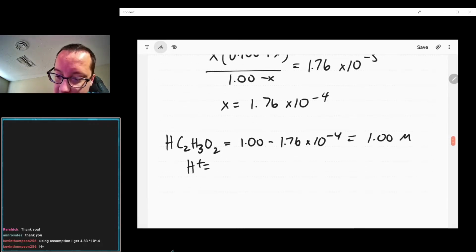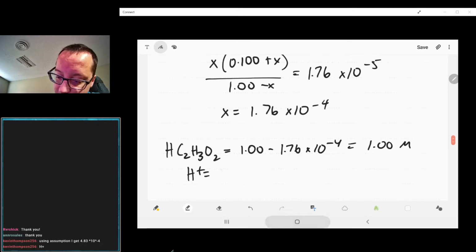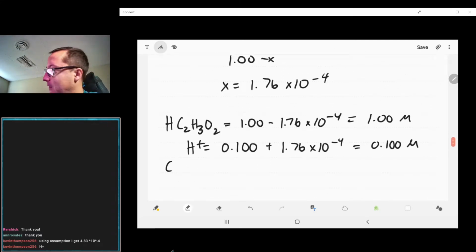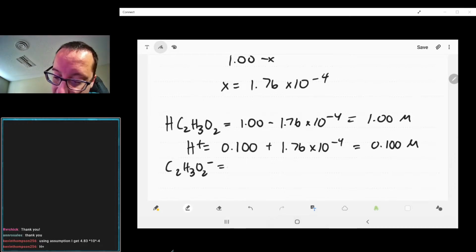The H plus concentration is unchanged with sig figs. We do end up, however, with a small concentration of acetate.